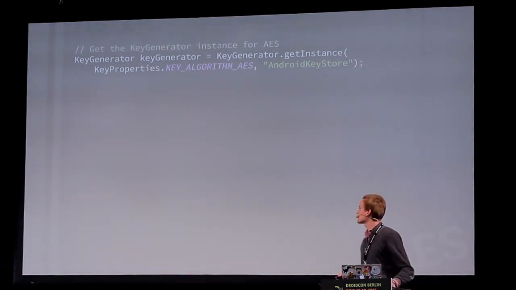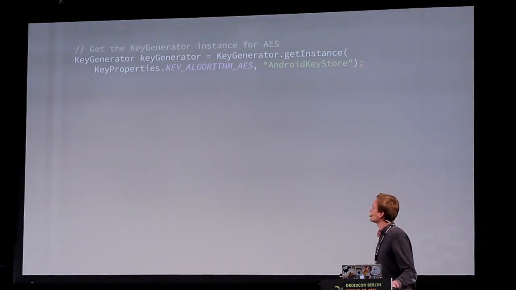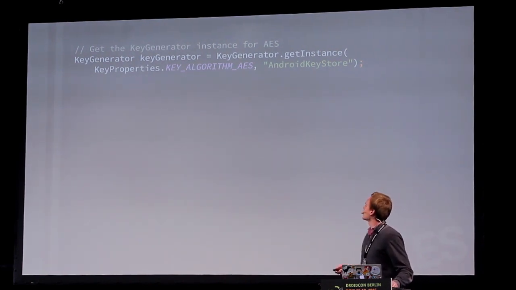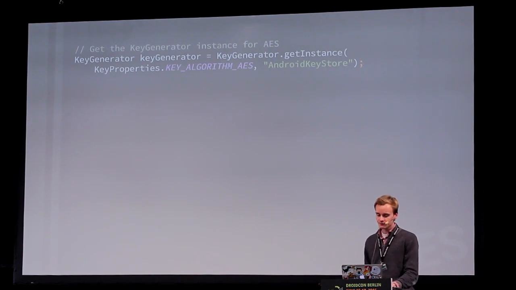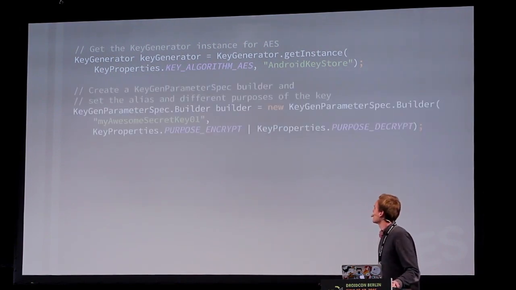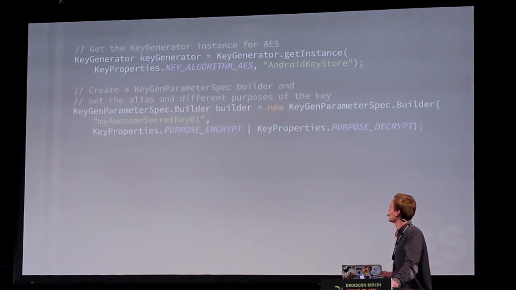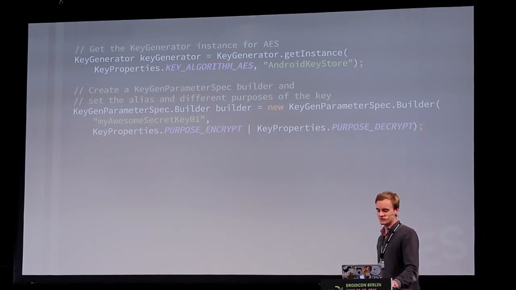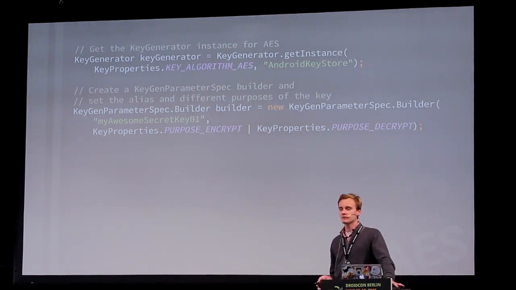To generate a symmetric key, we have the KeyGenerator class, which will be instantiated with the key property, key algorithm AES, and the Android Keystore. After that, we create the KeyGenParameterSpec Builder class, and we pass our alias of the key and our purposes, if you want to encrypt or decrypt key material.